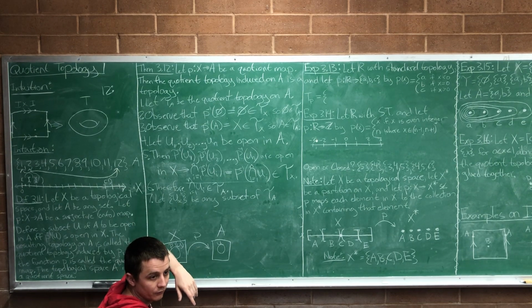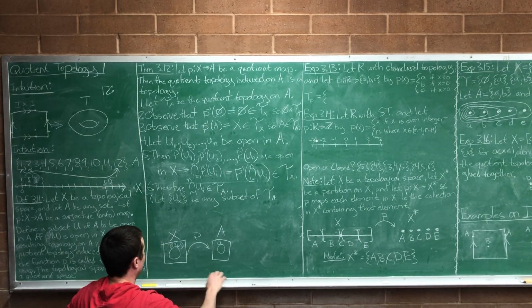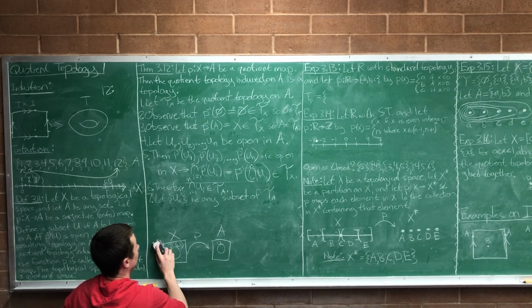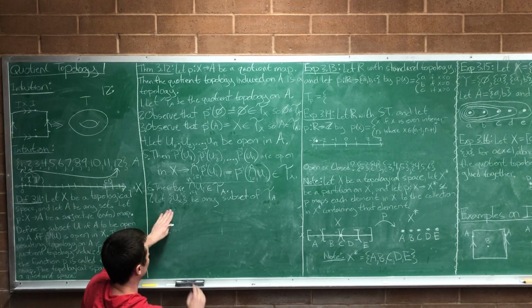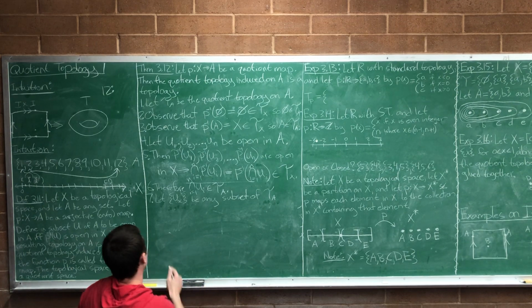Okay. Follow that so far? Okay, so U sub alpha is just an arbitrary collection of open sets.